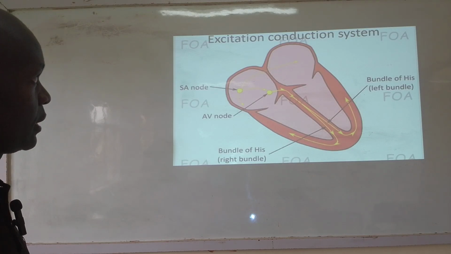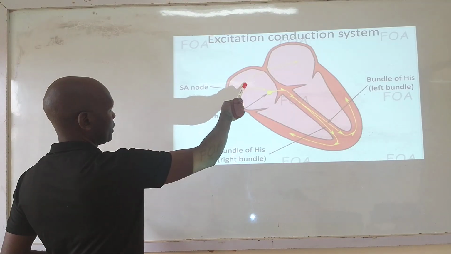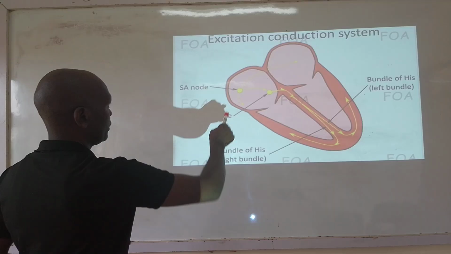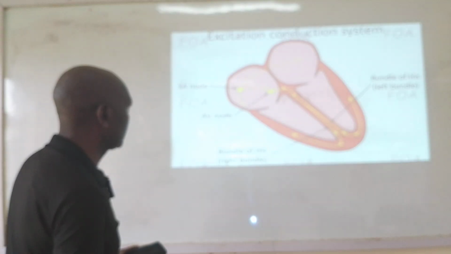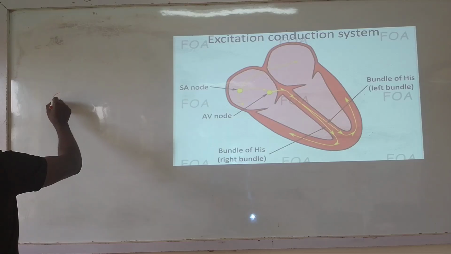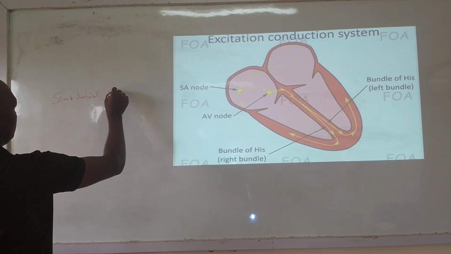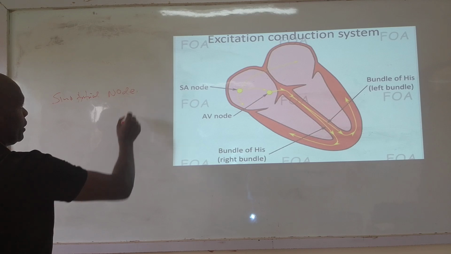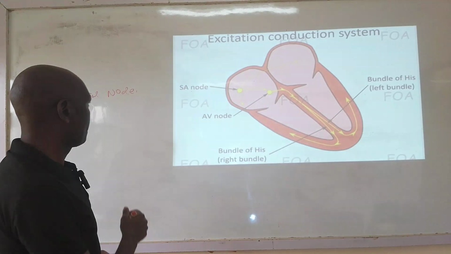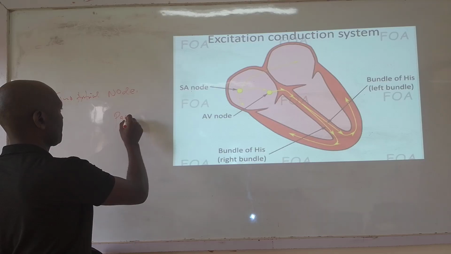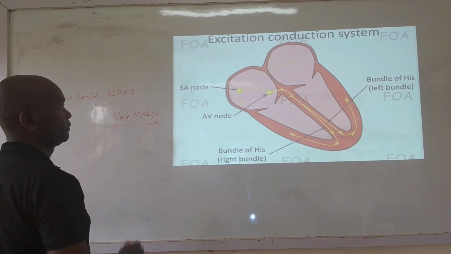So this is the excitation conduction system. Our electrical system starts from this point here. This is what we call the SA node, sinoatrial node. It's also known as the pacemaker.